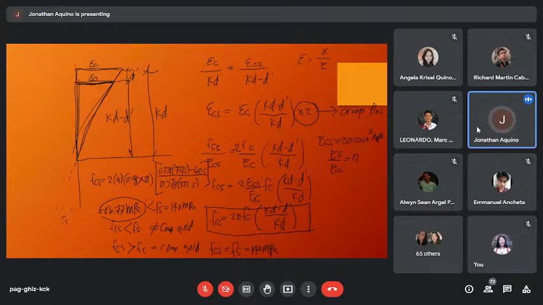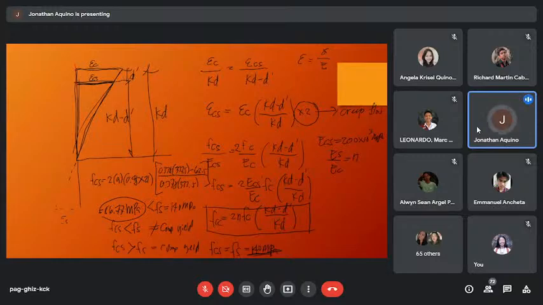Hindi kasi dapat mag more than 140 kasi yun lang yung yielding capacity ng steel natin, 140 megapascal. So beyond that, magpipail na yung structure natin. So ibig lang sabihin kasi nito na yung compression steel yield, magpipail yung compression steel.